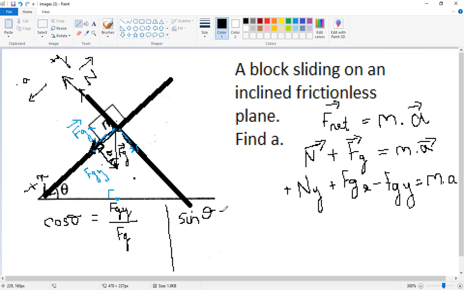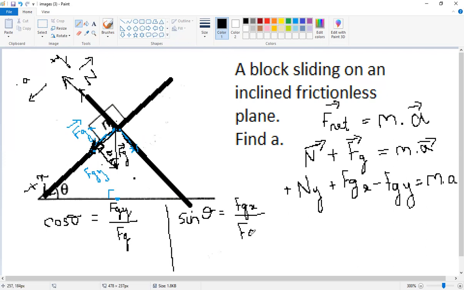The opposite side to angle theta is the side that is facing the angle theta, which is FGX, over the hypotenuse, which is the same FG.